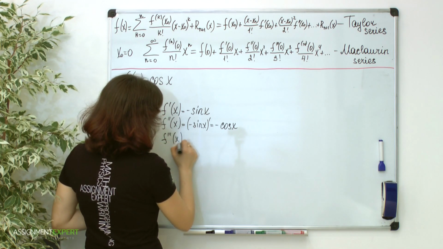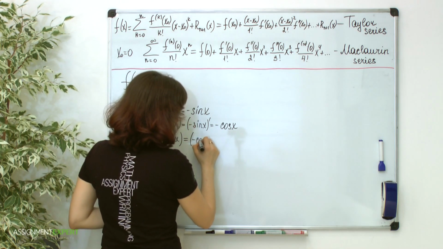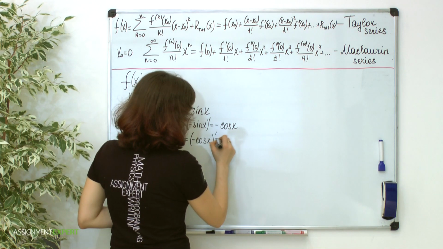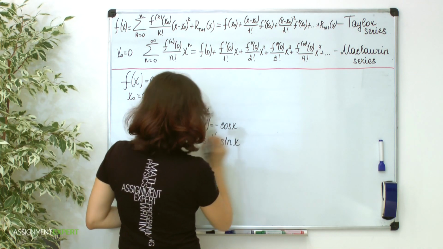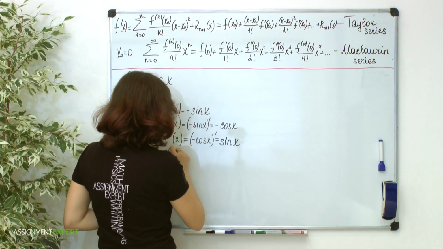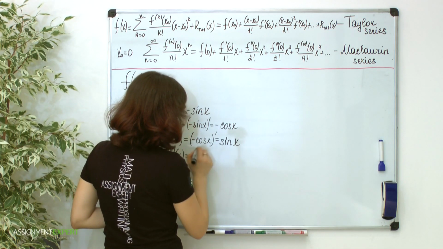The third derivative of f of x equals minus cosine x, prime, equals sine of x.